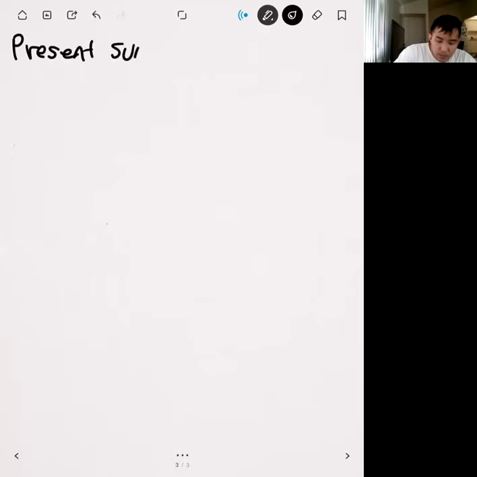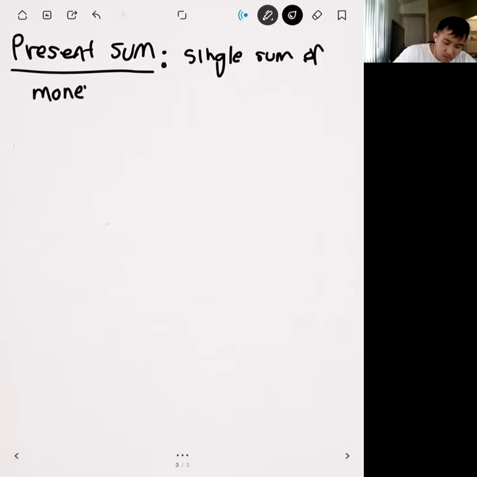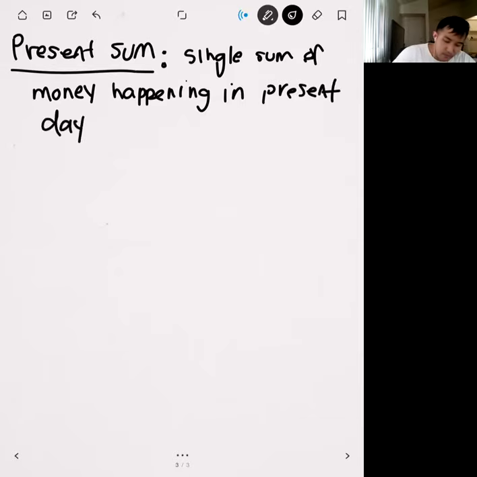Remember, the present sum is defined as a single amount of money that happens in the present day, and in our cash flow diagrams, present day is always year 0.